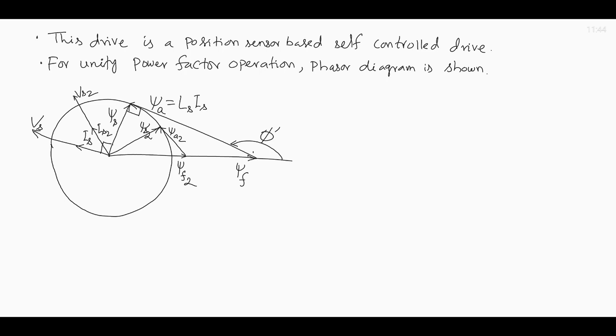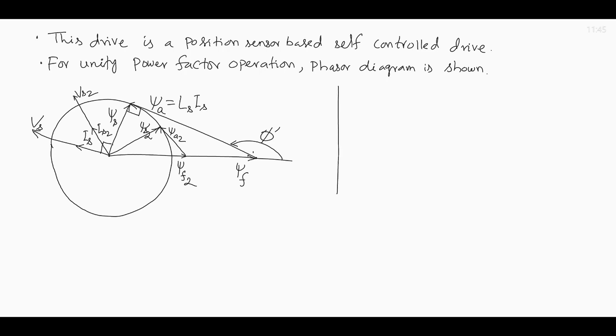So when the field current is such that the field flux linkage is psi f, then the stator voltage and current are Vs and Is as shown. When the field flux linkage becomes psi f 2, then the corresponding current is Is 2 and the voltage is Vs 2.